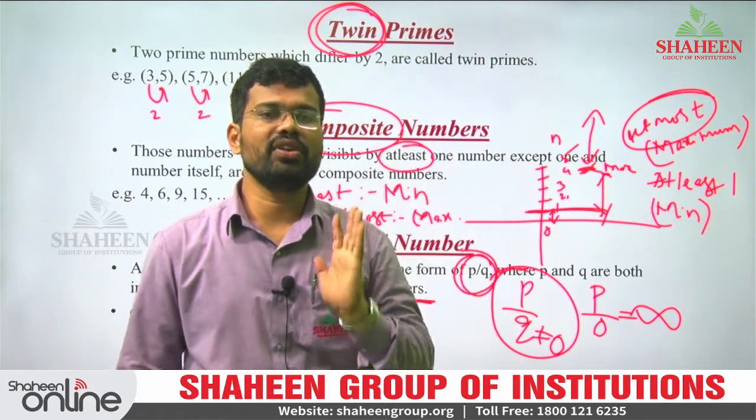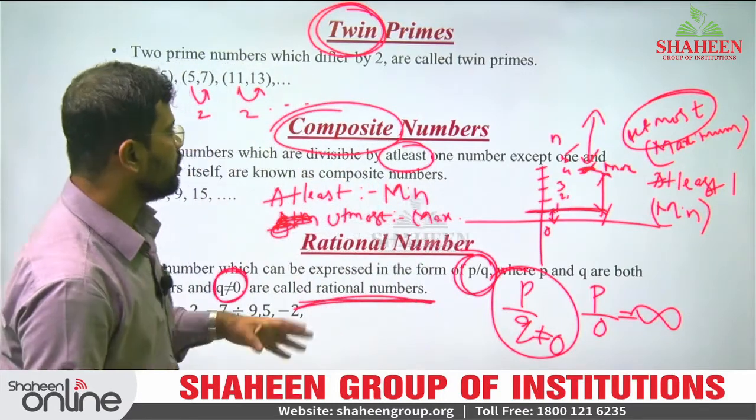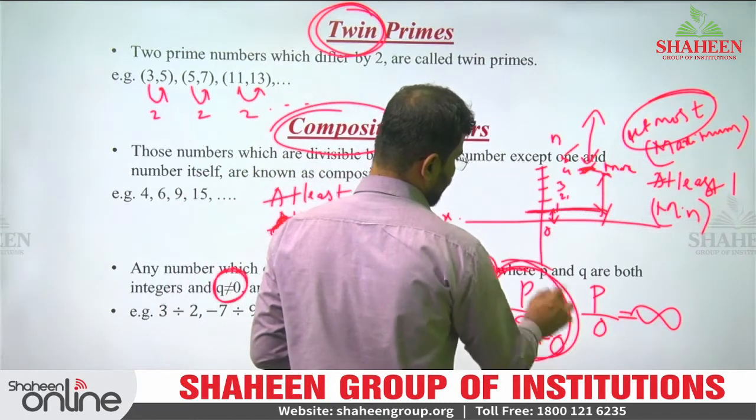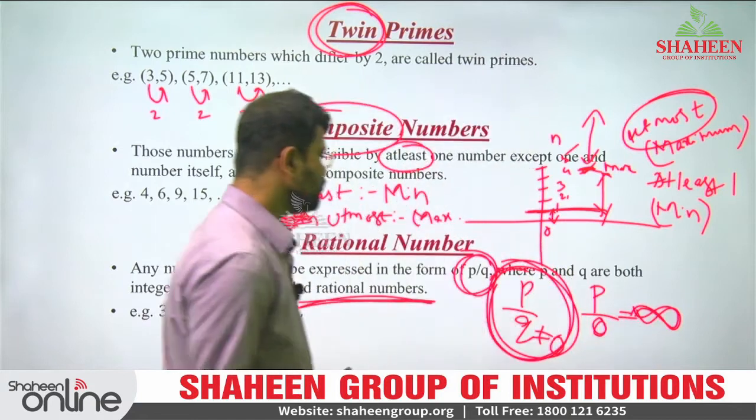Beyond that, it is infinity for me. Here also, P by 0, 1 by 0 is infinity. It is beyond the range.